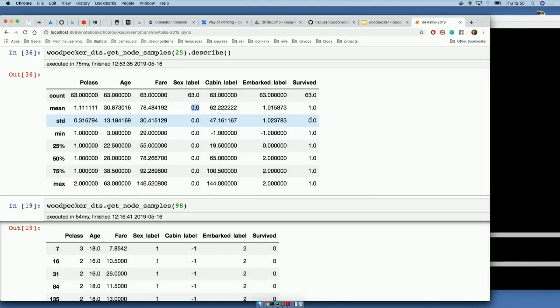We know why, because women and children have the priority when a boat crash is happening. But like I said in the beginning, let's say we don't know too much domain knowledge about this data set, and this is the way we can find it. This is the way you can find patterns in data and get more domain knowledge about the data set.